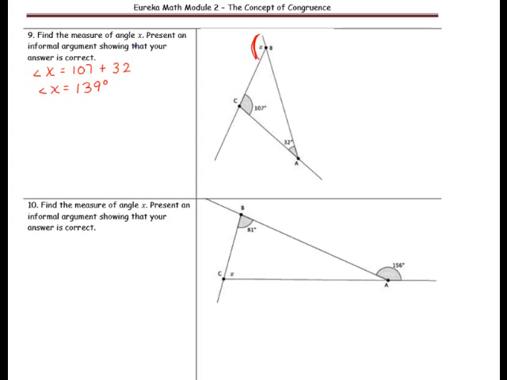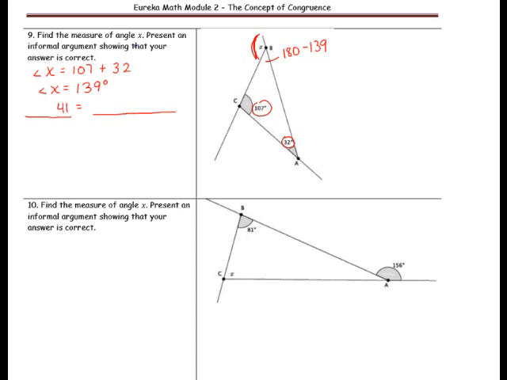To prove that our answer is correct, we know that the straight angle is going to equal 180 degrees, and the three interior angles are going to equal 180 degrees. So let's find the missing angle. We have 180 minus the sum of the two interior angles, which was 139 degrees, and that gives us 41 degrees.